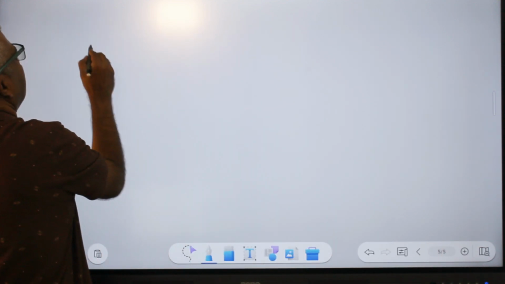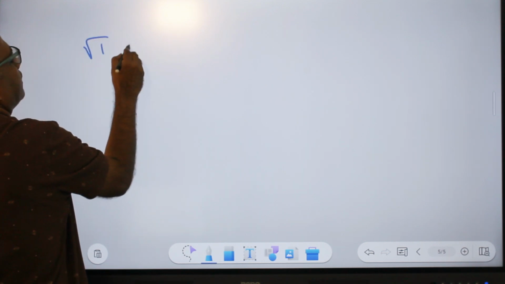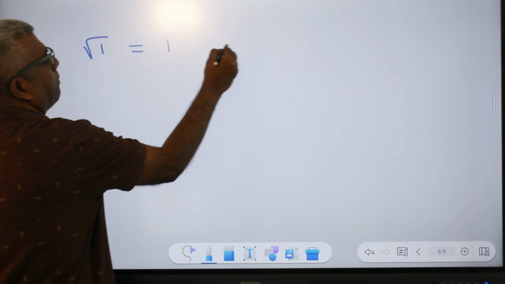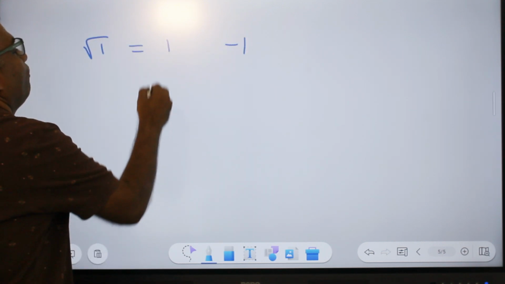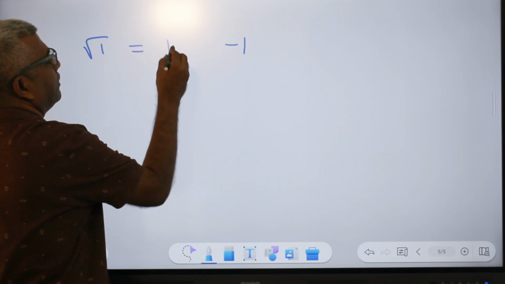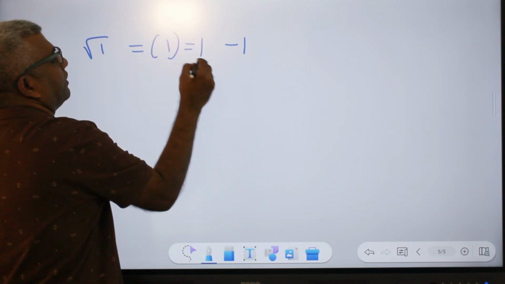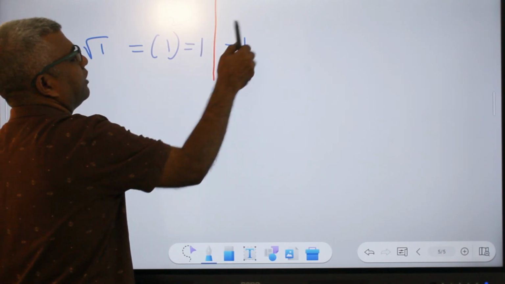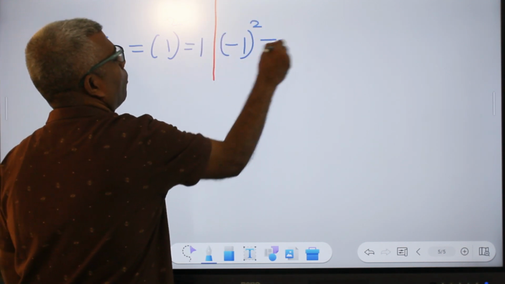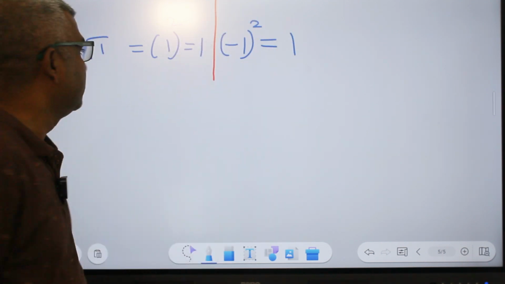Okay. Square root of 1. What are the roots? 1, minus 1. If you square it, it will become 1. 1 square is 1, then minus 1 square is 1. So this is also proven. Okay.